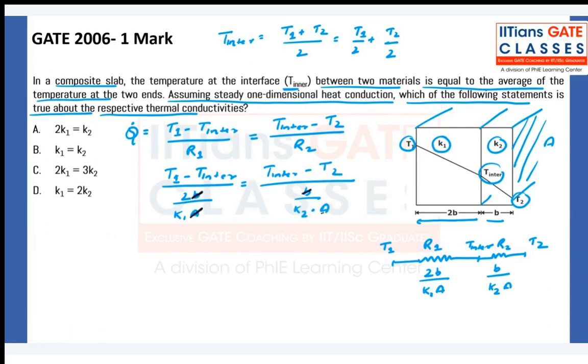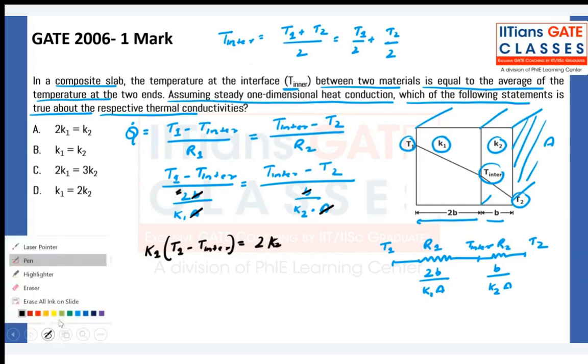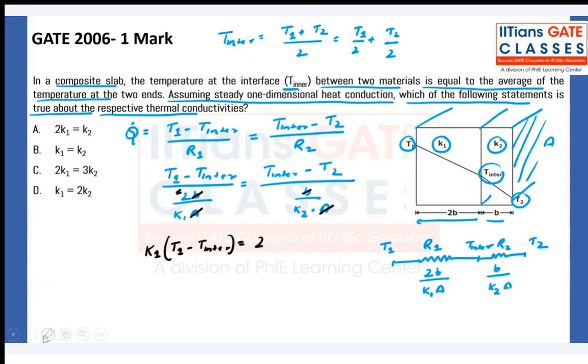Area and area I can cancel. Now how can I write this? I can write K1 (T1 minus T inter) is equal to 2K2, this 2 will go on the other side. Yes, Sean, that is right. D is the right answer. Very nice. Shruti and Vidya, are you solving it? Please solve it before me. I'll really appreciate if you solve it before me. I'm more than happy.